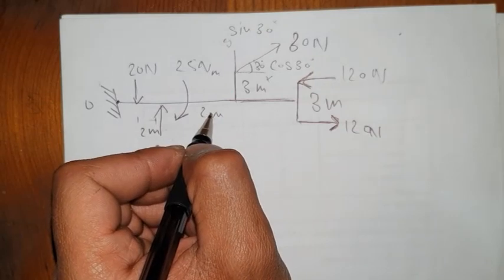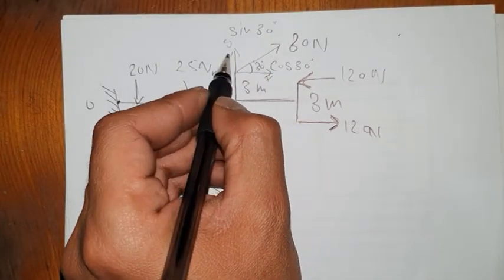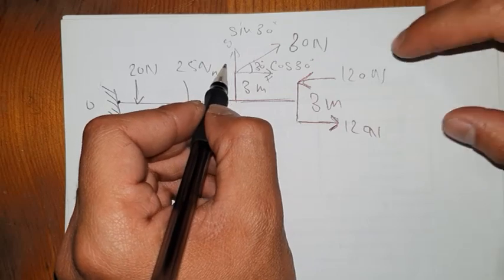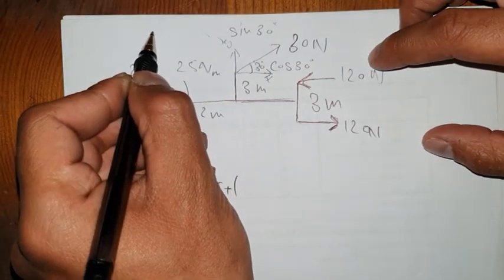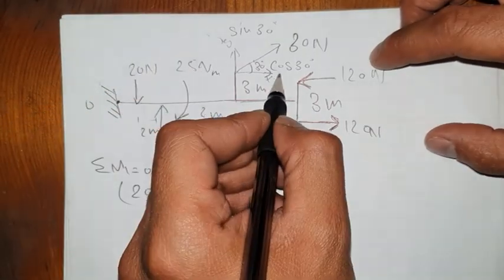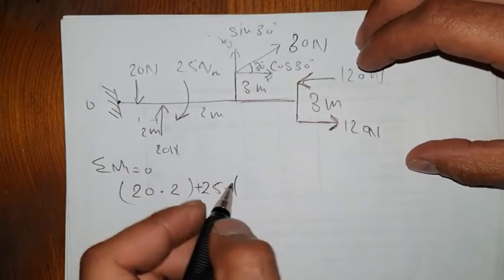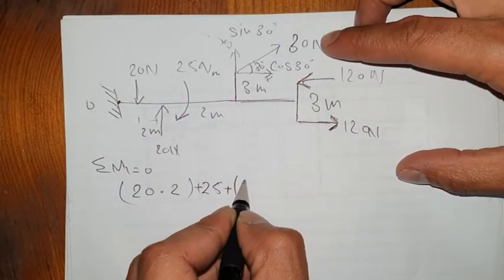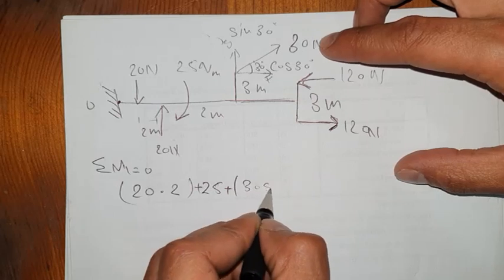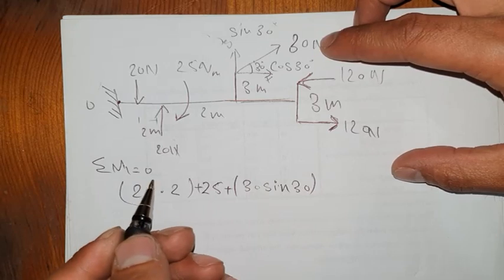Now we will examine the components. The y component is turning clockwise, and the x is also moving like this. So for this we will get 30 newtons times sine of 30 degrees. It's clockwise.